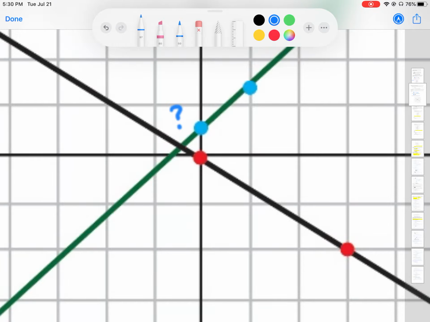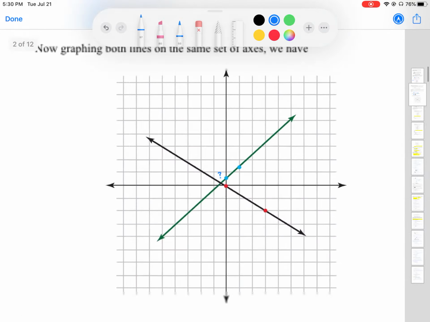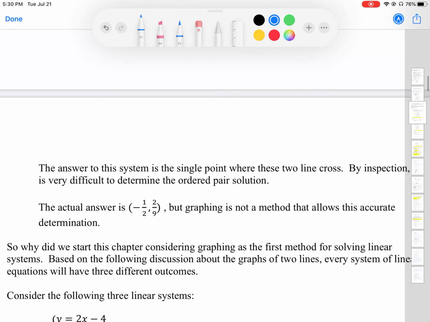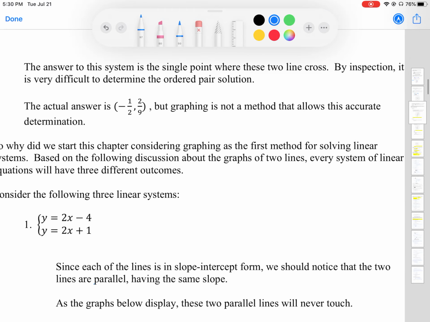So how do we find the answer? The solution to the system is a single point where these two lines cross. By inspection, it's very difficult to determine the ordered pair solution. The actual answer is negative 1/2 and 2 over 9. But graphing is not a method that allows this accurate determination.